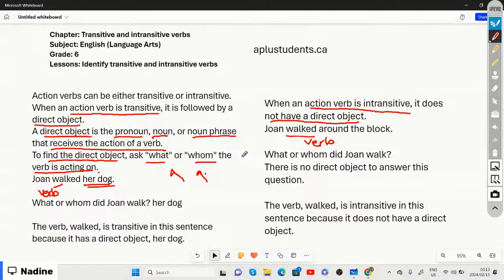To find the direct object, we can ask ourselves what or whom the verb is acting on. So a transitive verb is acting on something, but an intransitive verb does not have a direct object, because we cannot answer the question what or whom the verb is acting on.